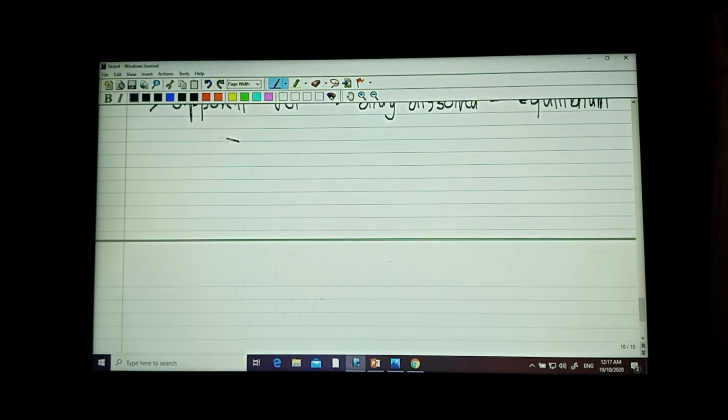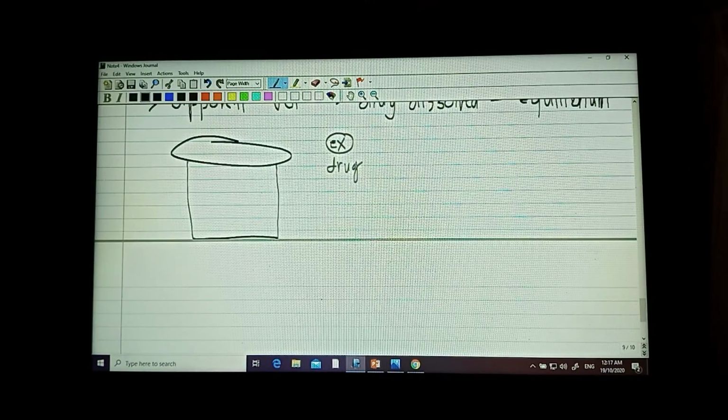Imagine a particular container again. Ayan na naman tayo. Imagine a particular container. In fact, you cannot estimate the fluid content of that container. So let me give you an illustration again. I have a drug here that is mostly measured by milligram.